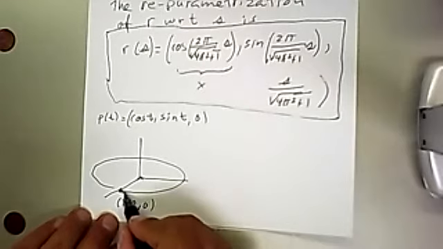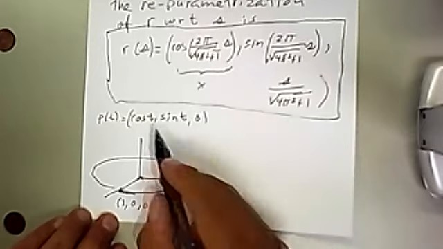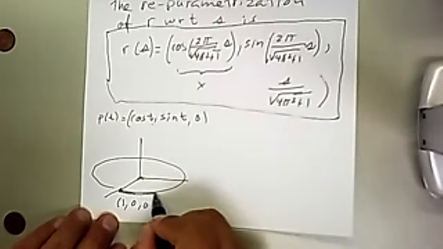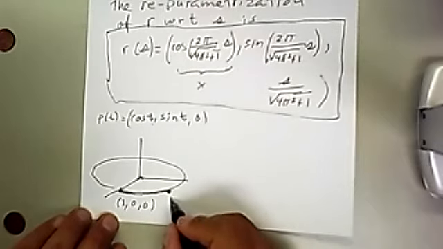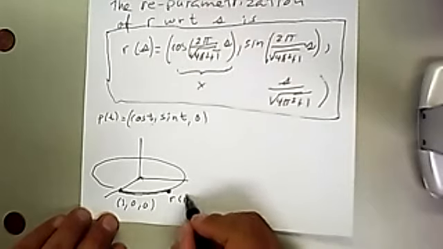If t is equal to 1, then we will end up with a point maybe somewhere around here. So this is going to be r of 1.